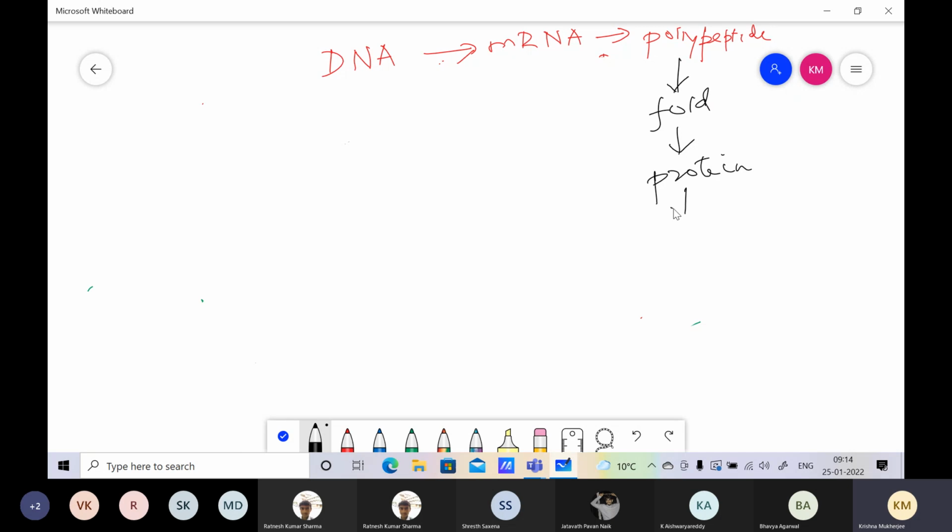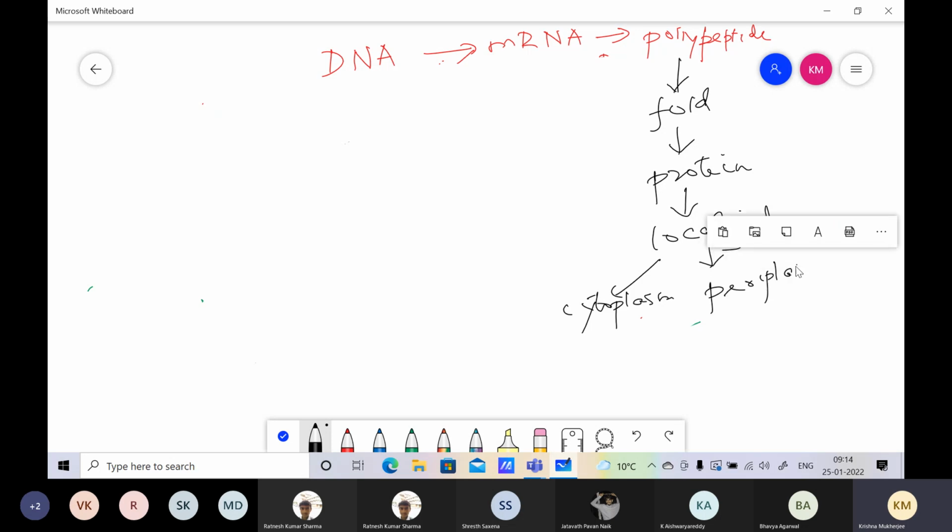And then this protein has to be localized. It can be localized in the cytoplasm itself. It can be localized into the periplasm, and in rare cases it can become extracellular.